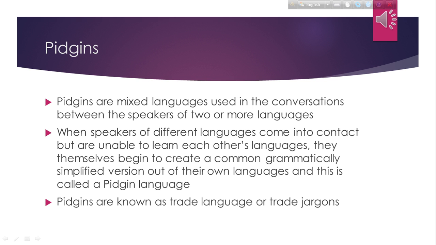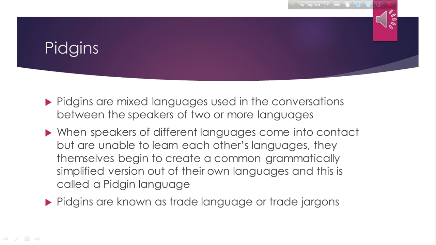And to mention the basic features of a pidgin language, we have to say pidgins are created for fulfilling specific purposes. For example, the pidgin which is created by the traders of cattle is not applicable in the conversation between the traders of vegetables.